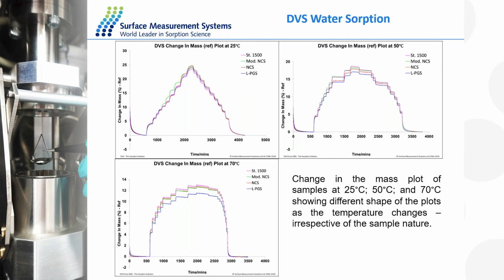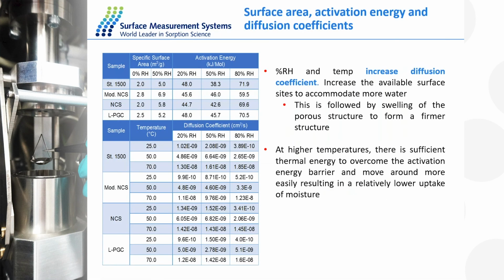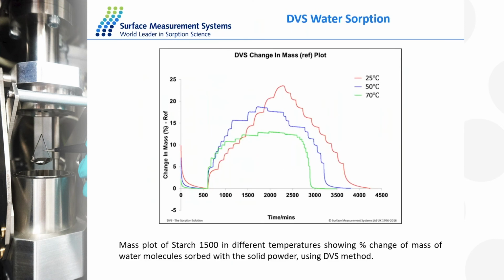Can I just add that there are differences. Sabiyah, if you could go to the previous slide, yeah, no, the one after. Yeah, so as you can see at different temperatures, for Starch 1500 you see differences in uptake.